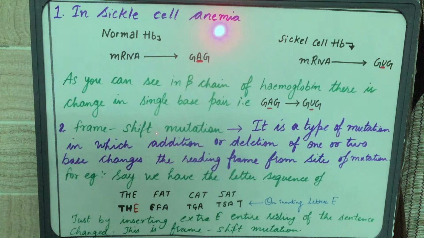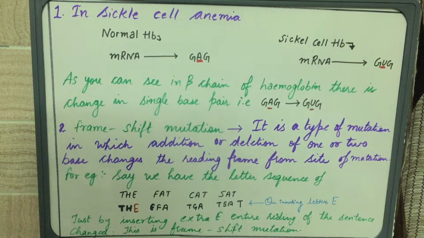So we come to know from this that there is a single base pair substitution, that is, A has changed into U. So from GAG it has become GUG. Since there is substitution of only one nitrogenous base, this is an example of point mutation, and this substitution takes place in the beta chain of hemoglobin.